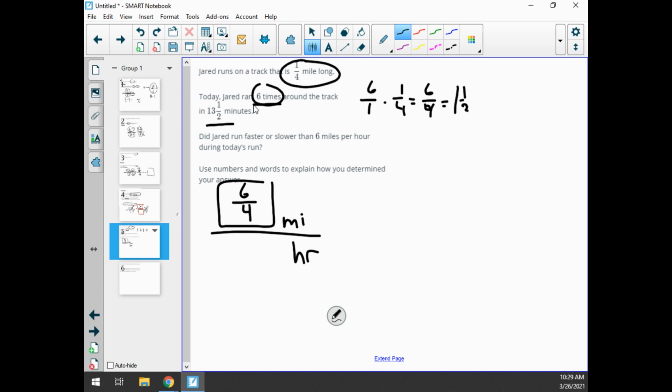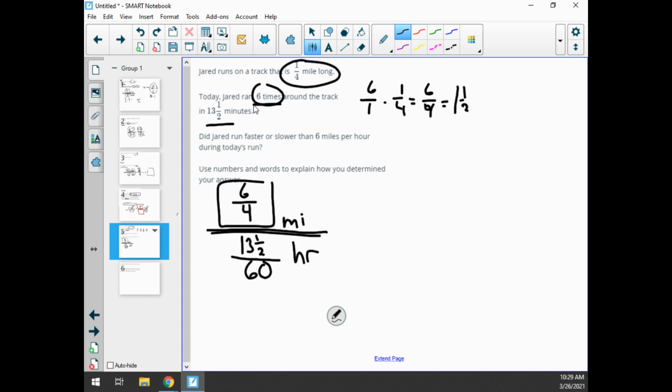We also have to know how many hours. Well, that's a little bit trickier because he went 13.5 minutes, which is only part of an hour, which is 60 minutes. So that's your fraction. You have 6/4 divided by 13.5 over 60. I would probably turn this into a fraction or a decimal instead of a mixed number.